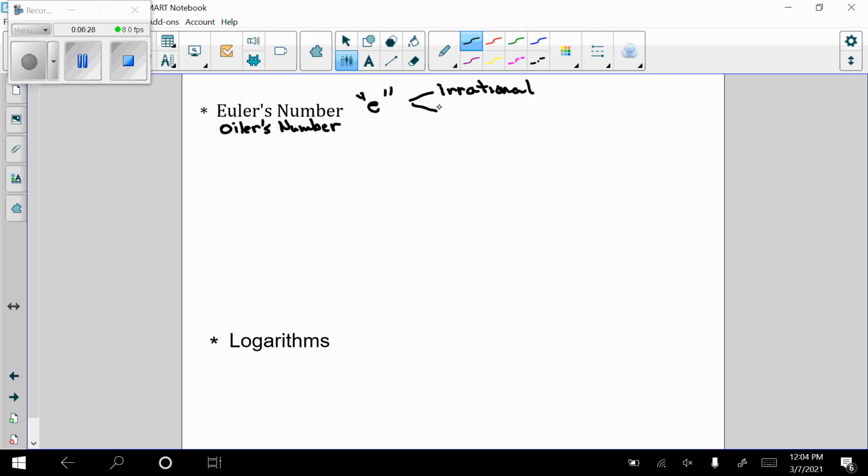It's also the base of the natural log, what's in your calculator as that ln key. Its most common use is continuous interest, or continuous growth or decay. All right, so just a little background. Where does it come from?